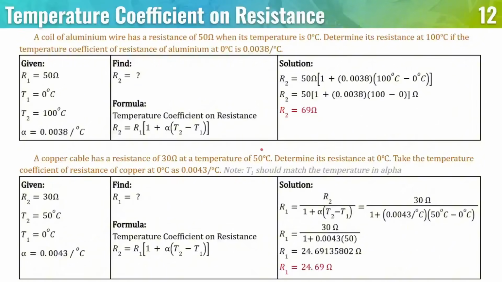Now we plug in the values: 30 ohms, 0.0043 per degree Celsius, and a change of 50 degrees Celsius. We find that these units will cancel each other, and that the final answer is 24.69 with the unit of ohms.